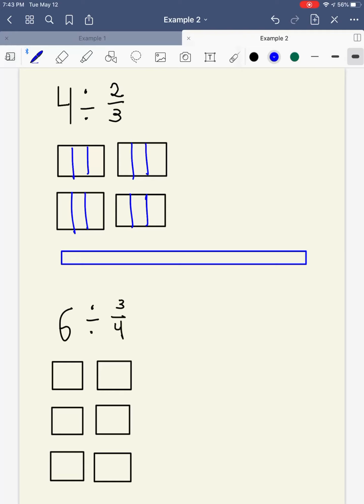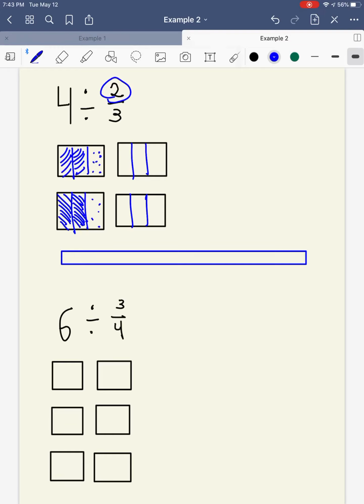But I'm not looking for each one individually now, because this tells me I'm looking for 2 of them. So I'm looking for every 2. So here is a group of 2/3. I'll try to do them each a little different. So there is a group of 2/3.